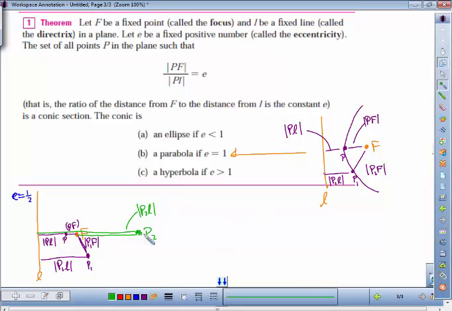So the distance between point P2 and L is twice the distance between P2 and F.